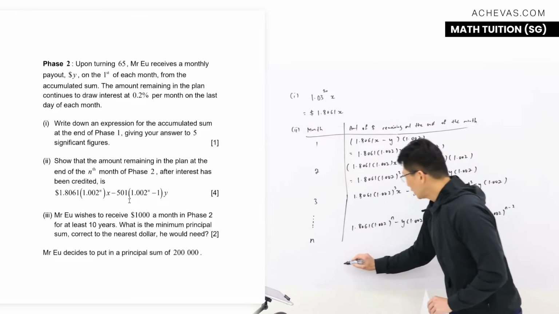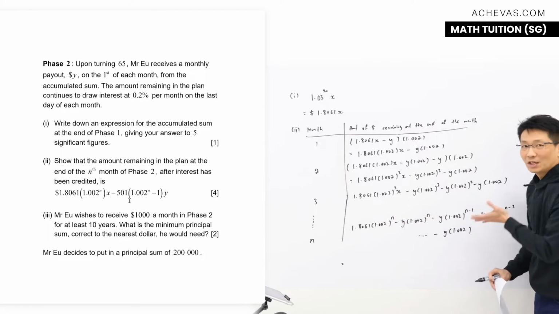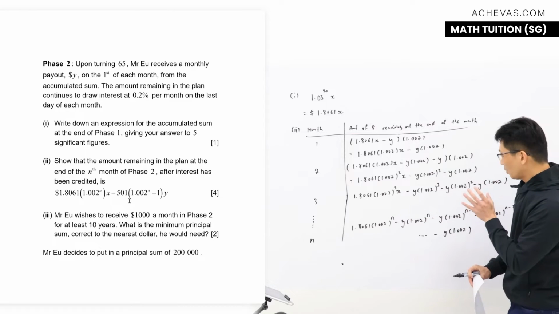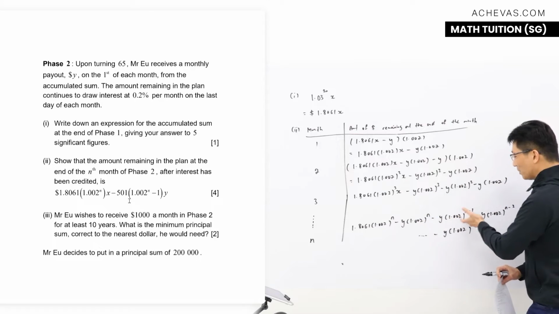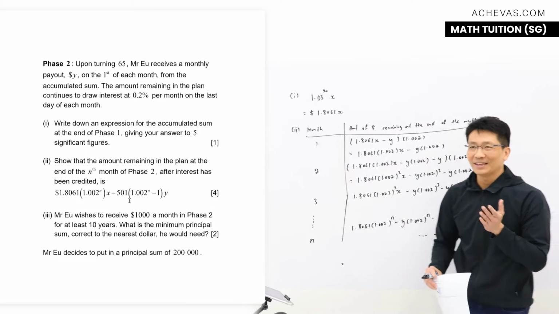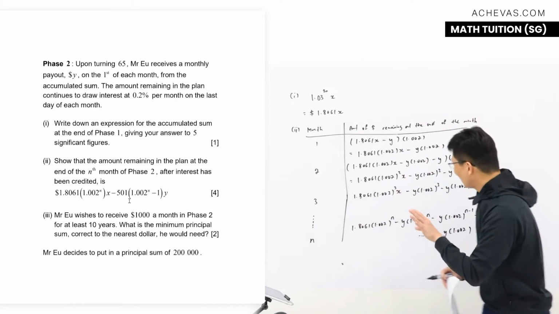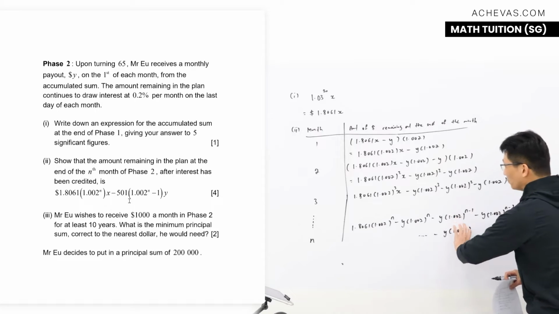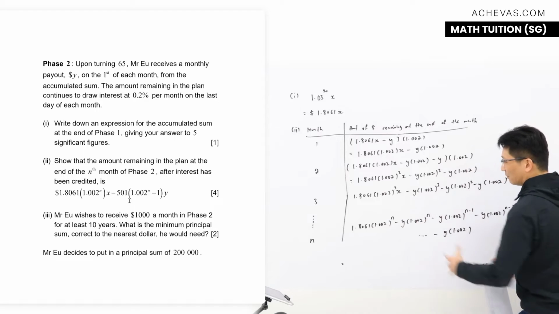For this particular pattern, I will usually try to extract out the common factors. I can observe that the power is decreasing, and it's usually harder to analyze if the power is decreasing. Instead, I will reverse the whole sequence, treating this as the first term, this as the second term, and this as the last term.